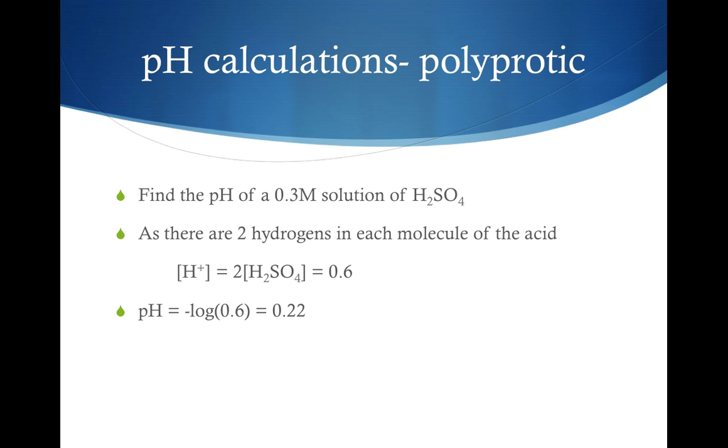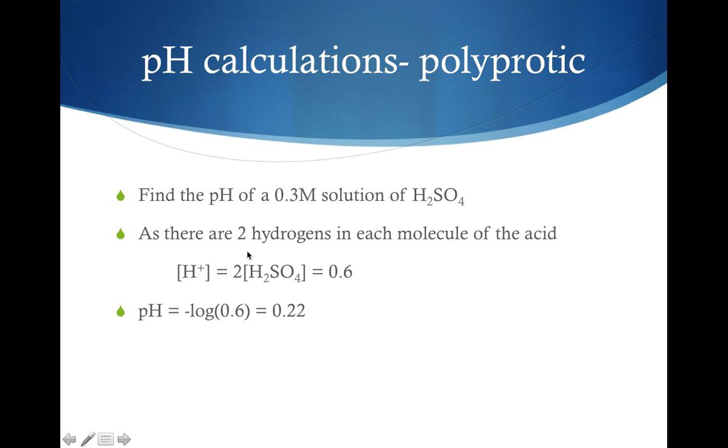Okay? If you've got a polyprotic acid, then we're going to have to look at how many protons can be donated. And for the moment, we're assuming that they are fully donated. So don't worry too much about the fact that we know, for instance, for sulfuric acid, the first one's donated strongly, but the second one weakly.